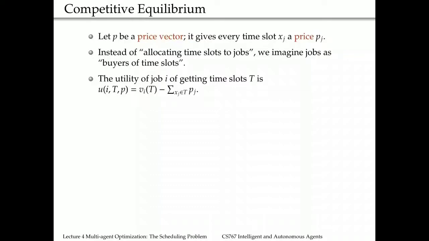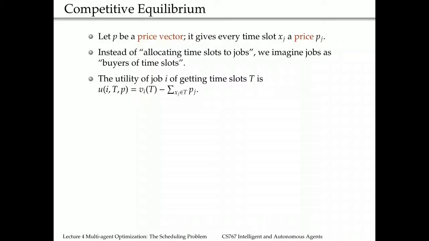Just like in the assignment problem, recall that we defined this very crucial notion of competitive equilibria, which is the situation where all the agents are happy with the current allocation under the current price, right? So once again, we can introduce a similar notion.